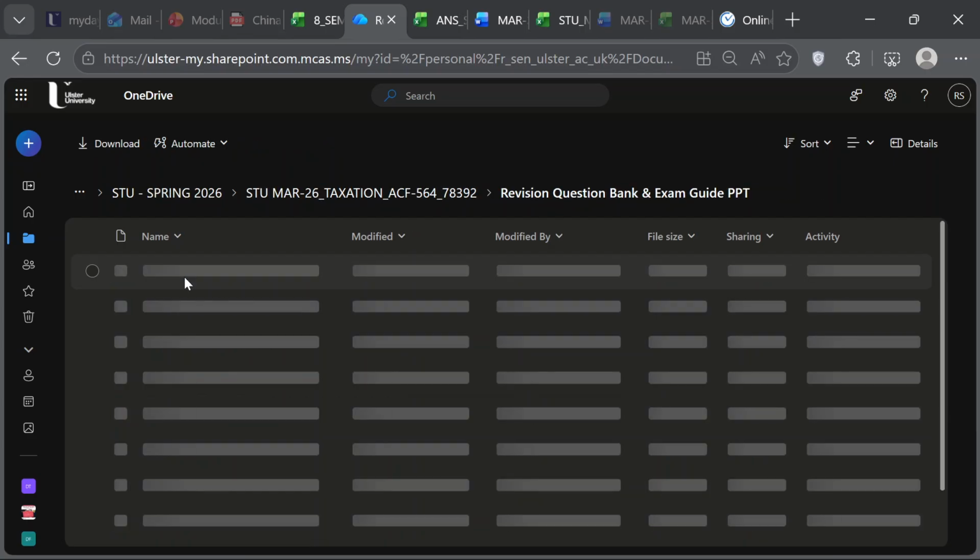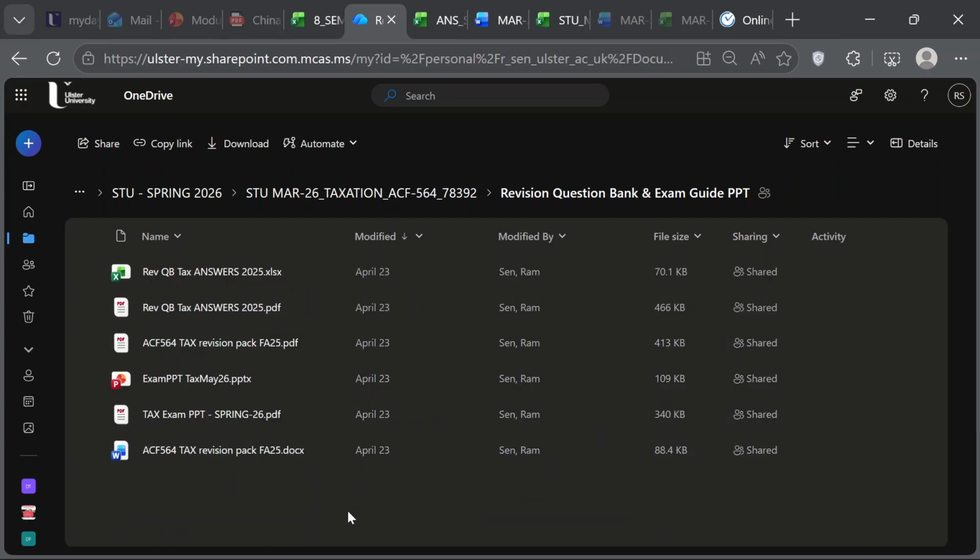This is what we try to do in the class next week. Here's an exam guide, the exam PPT, which tells you how many questions they were asking on what topic, etc. All that information is given in the exam PPT, so please check it out.